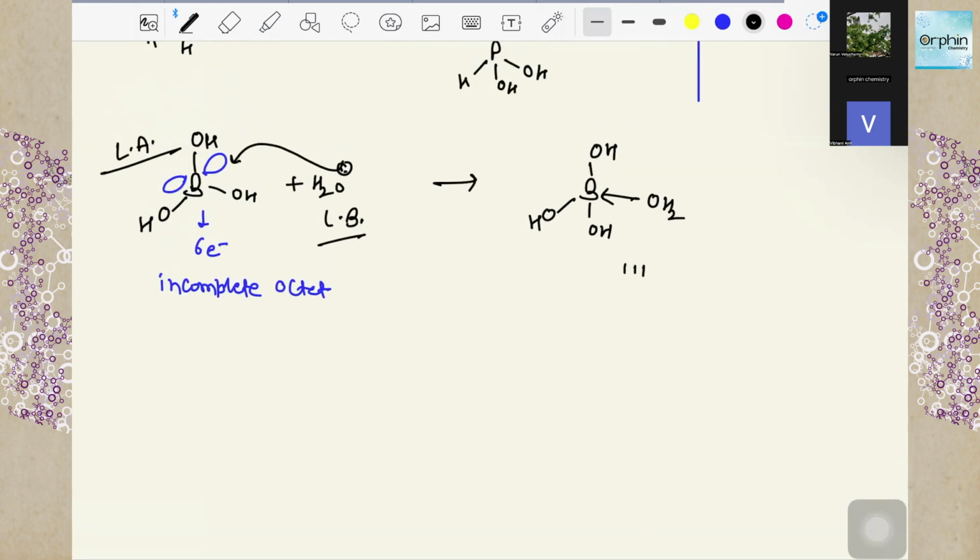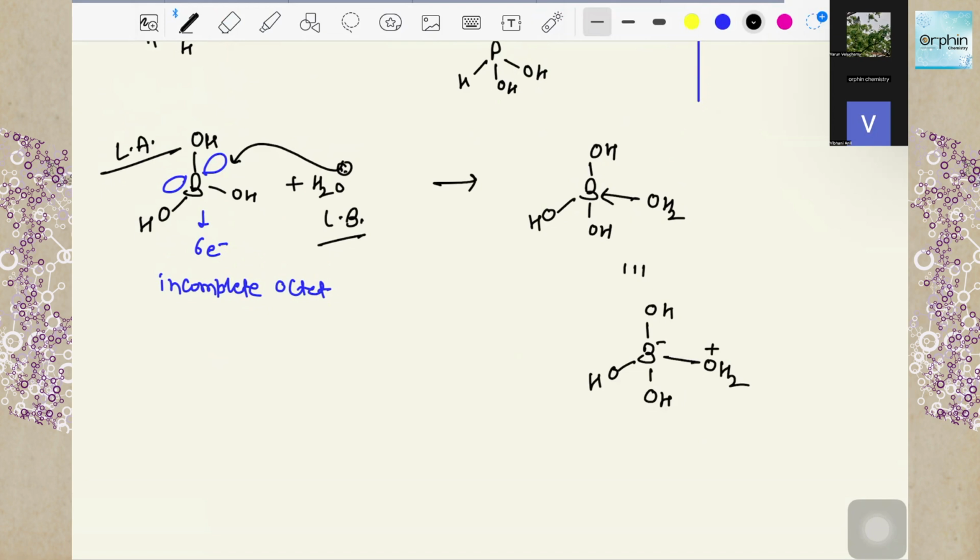And we know in the coordinate bond, if we remove the arrow, there will be a positive charge formation takes place on oxygen, and on boron there is a negative charge formation takes place. Fine, right? Okay.